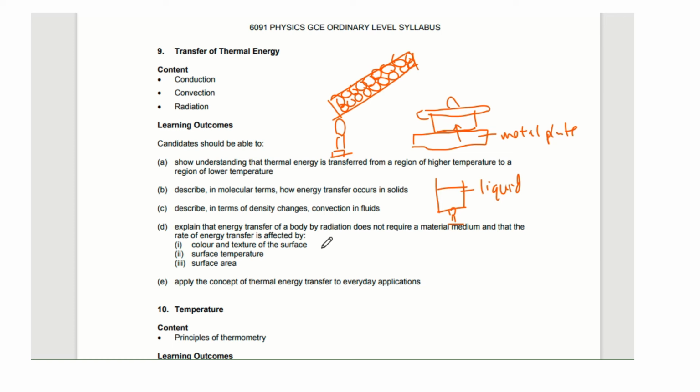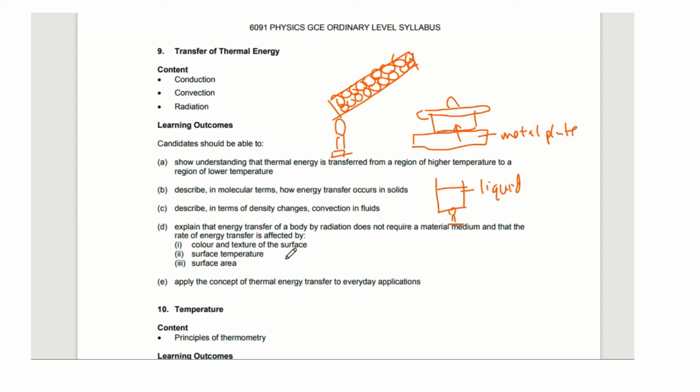Black and dull surfaces are good absorbers of heat, so they absorb heat more readily. But white and shiny surfaces absorb heat less readily. Black and dull surfaces are also good radiators of heat.